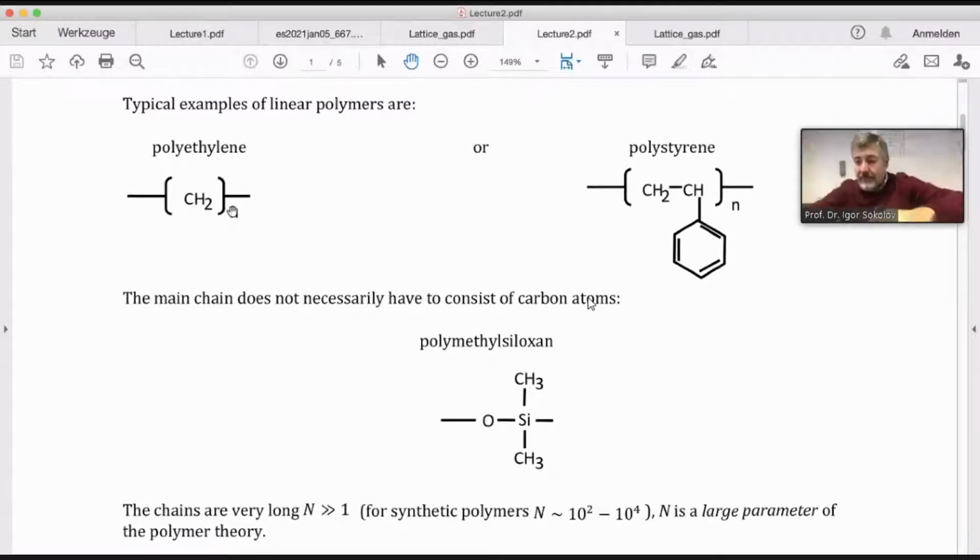You have a carbon atom in the middle, connected to two other carbon atoms with covalent bonds, which are oriented like the bonds in diamond. The bonds are extremely strong, and this angle is fixed. Then around it you have two positions of hydrogen, and then you have the next unit.